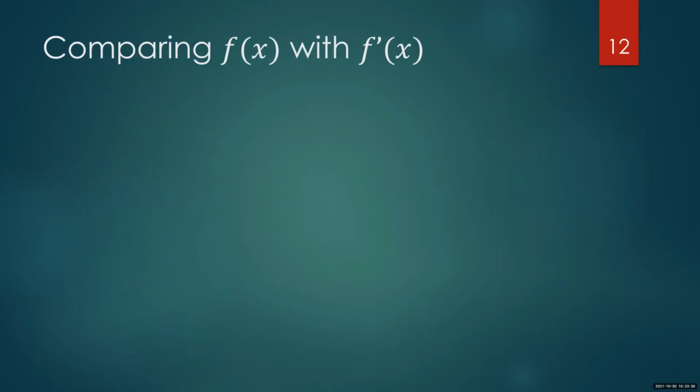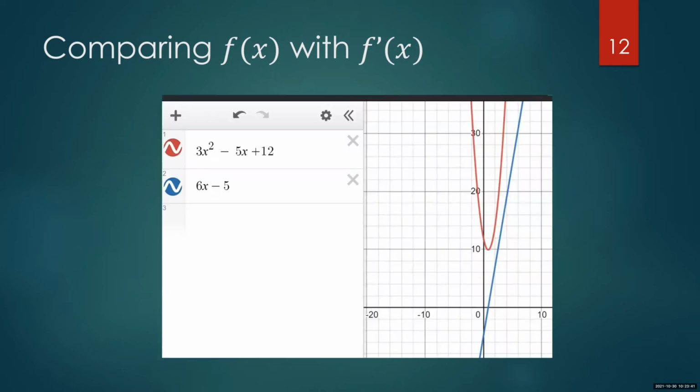So in this case, what I'd like to do again is circle back and see, does this make sense, like we did with the first problem? So we want to compare f of x with f dash of x. And so here we have a graph which shows f of x in red, that's 3x squared minus 5x plus 12, and f dash of x is the blue line, which is 6x minus 5.